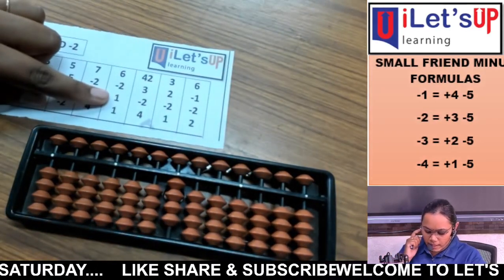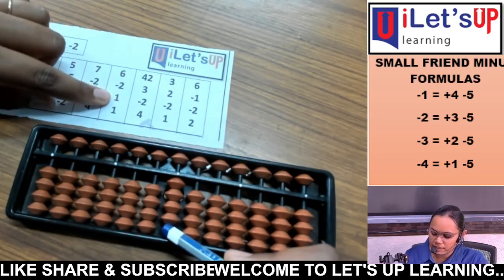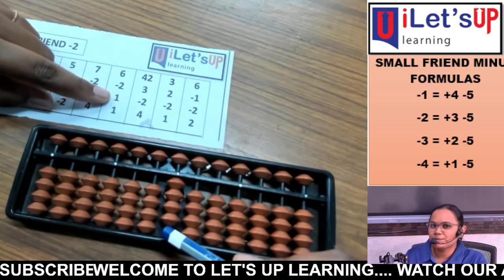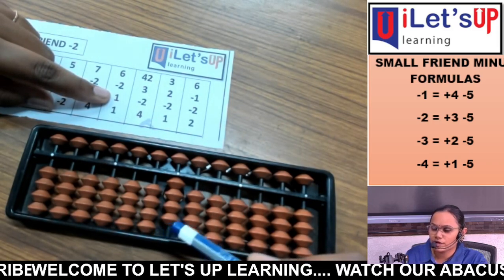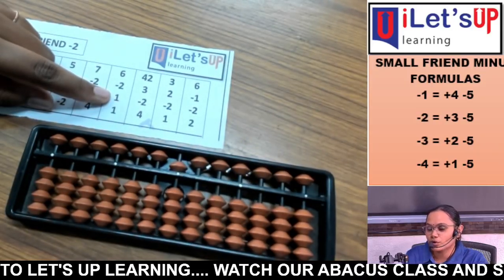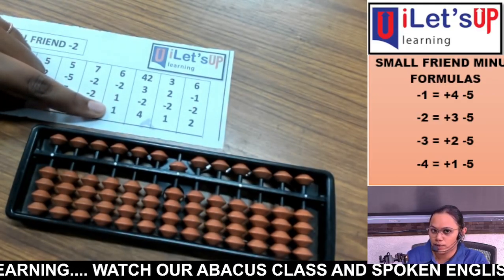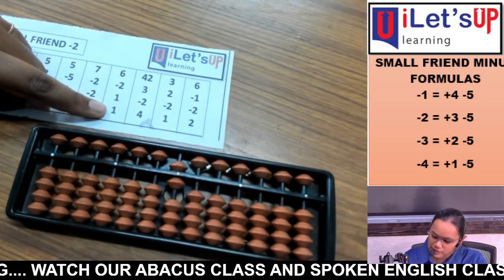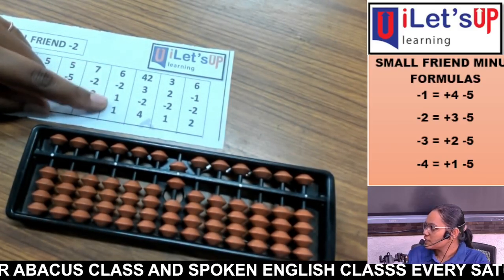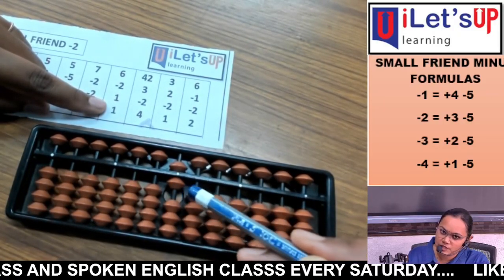Add 1. Possible to add? No beads to add, no. So now what can I do? Small friend plus 1. As per small friend plus 1, subtract 4, add 5. That's it. I have taught about this one earlier. Again it is asking to add 1. Possible? Yes, possible. Added. And 6 minus 2 plus 1 gives us the answer 6. Same. Okay.